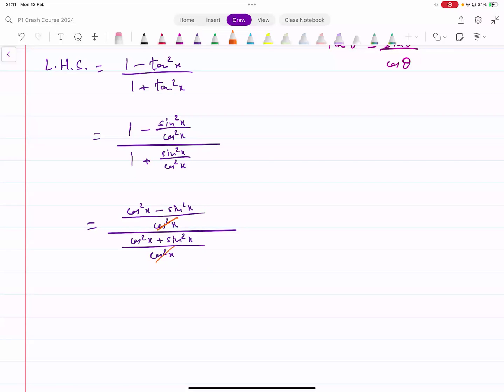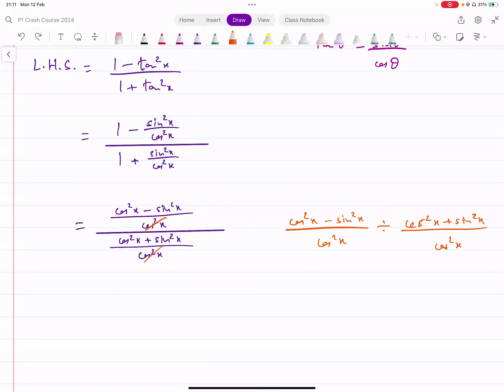Okay. And now, since the denominator is the same, we can just cancel them out, right? You can write it like this to understand this better. If you get confused by fractions like these, you can say this is cos square x minus sine square x divided by cos square x, divided by cos square x plus sine square x divided by cos square x. Now this is the division sign. If you convert it to a multiplication sign, what would this become? Cos square x minus sine square x divided by cos square x, multiplied by cos square x divided by cos square x plus sine square x.